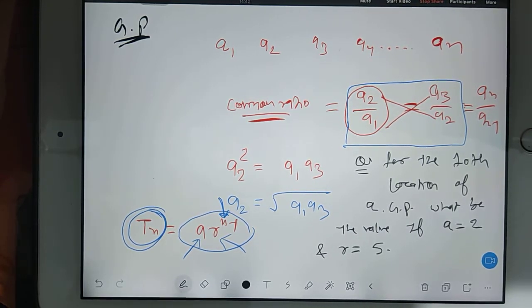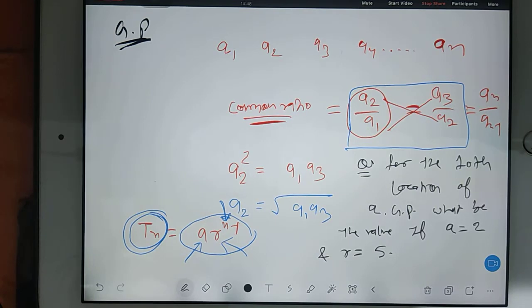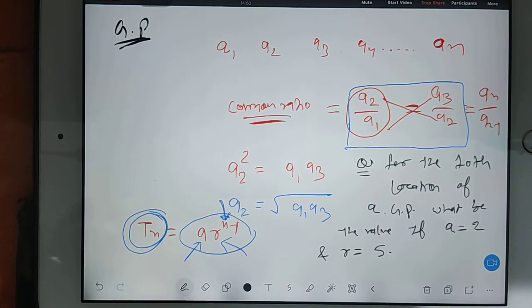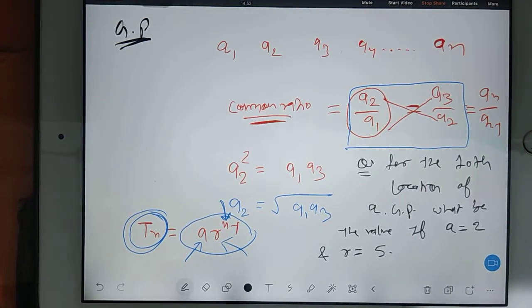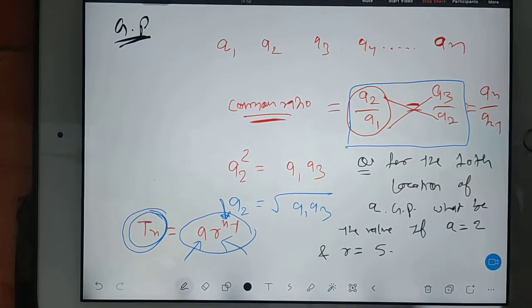Solve this question. Write your answer on the screen fast.